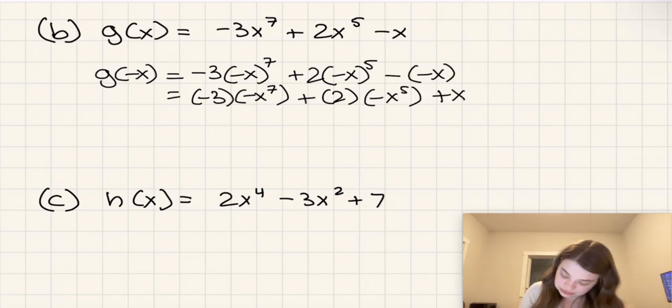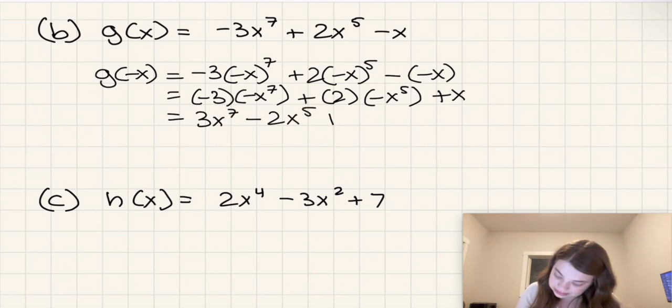Then I'll multiply these through, and we're going to get 3x to the power 7 minus 2x to the power 5 plus x. So clearly this is not equal to the original g of x, so therefore the function isn't even. But I want to check to see what negative g of x is.